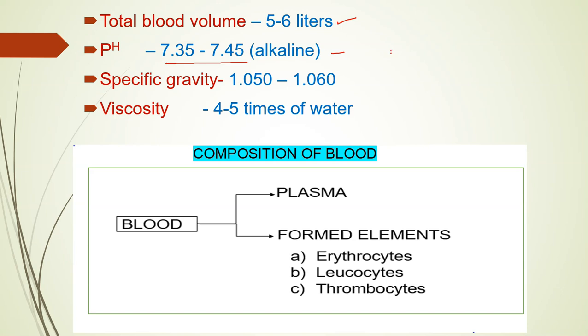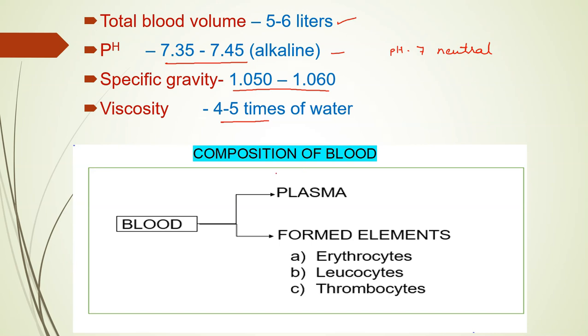You know that pH 7 is neutral, and the pH of blood is just slightly higher than the neutral pH. The specific gravity is maintained between 1.05 to 1.06. Blood is 4 to 5 times more viscous than water.